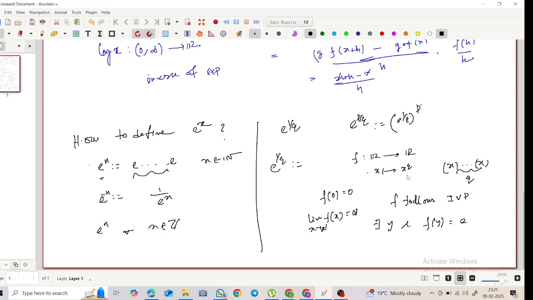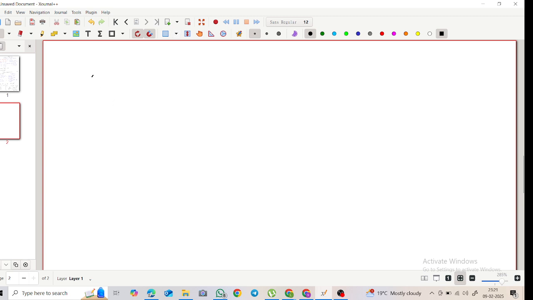There is a preimage of e. What does it mean? Y to the power q equals e. Define y to be e to the power 1 by q. There may be more than one preimage, you need just one. So e to the power 1 by q is now defined.